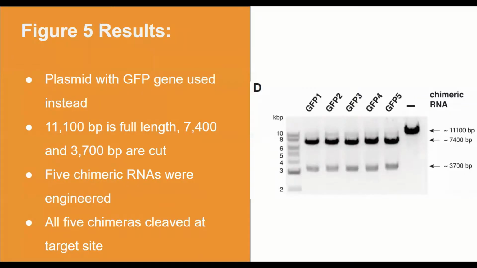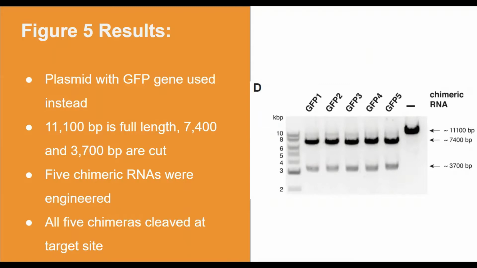Once the researchers knew that the chimeric RNA was effective at cleaving oligonucleotides and plasmids that had protospacers in conjunction with Cas9, they wondered whether the chimeric RNAs could be reprogrammed to target genes of interest. And in this case, they chose to target the green fluorescent protein gene, which they implemented inside a linearized plasmid.